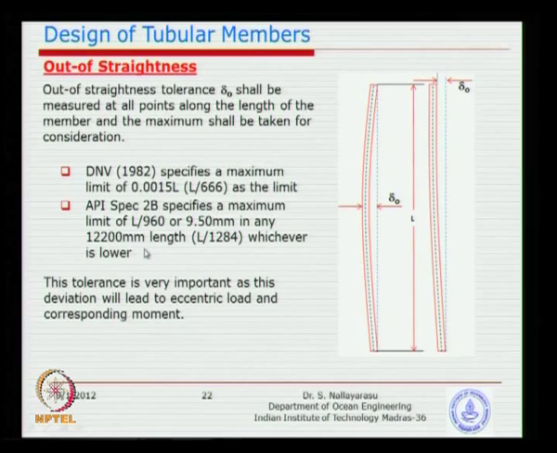So, basically they talk about L by 960, or 9.5 mm, which is the maximum over a 10 meter span. You can see how much mistake he can make. 12.2 meters is about 9 millimeter, which is reasonable, because if you say 0 millimeter over a 12 meter long span, it is probably quite difficult to make.